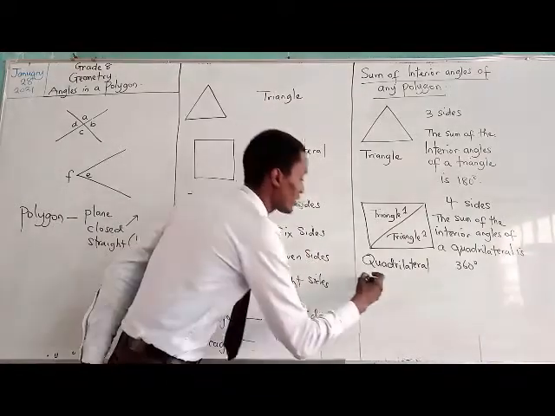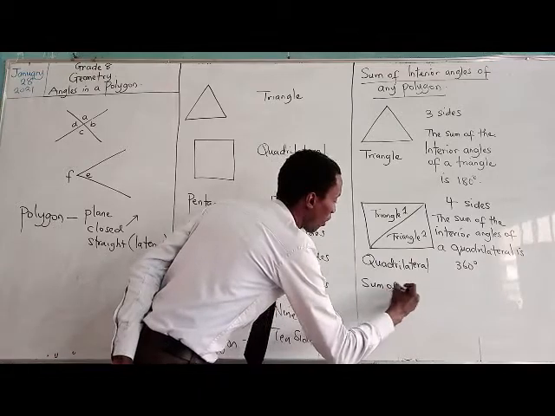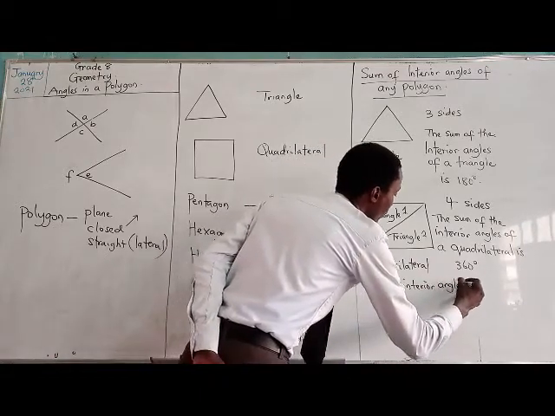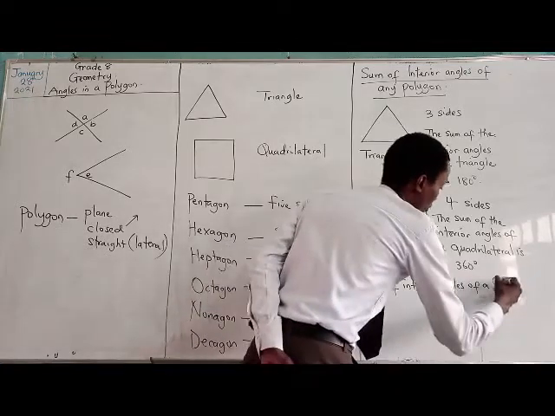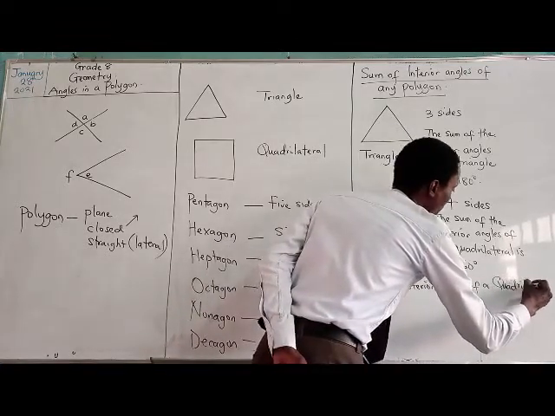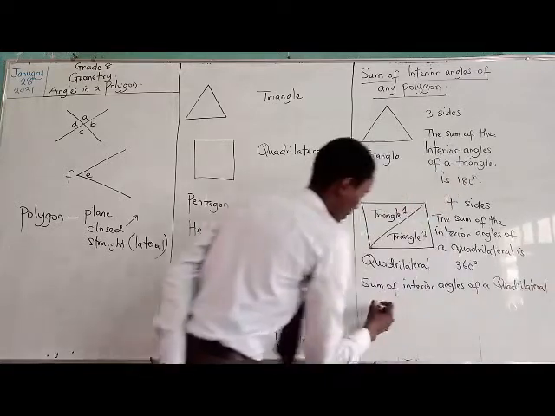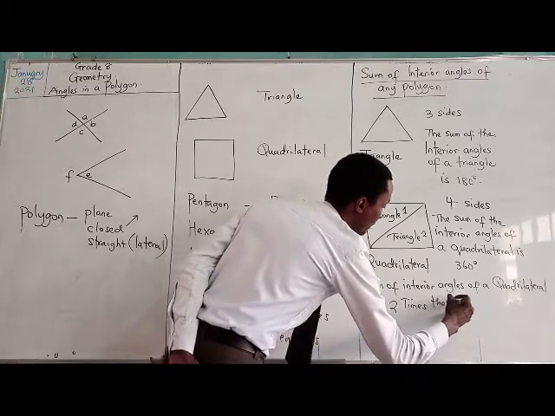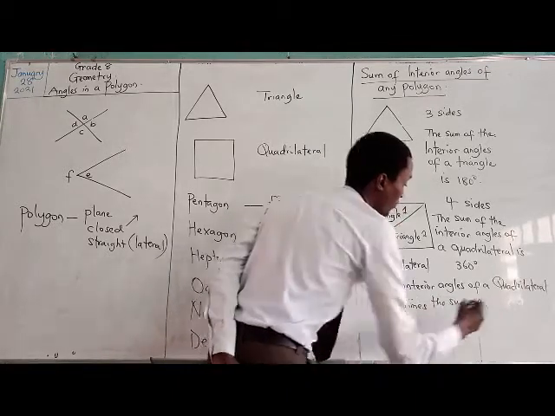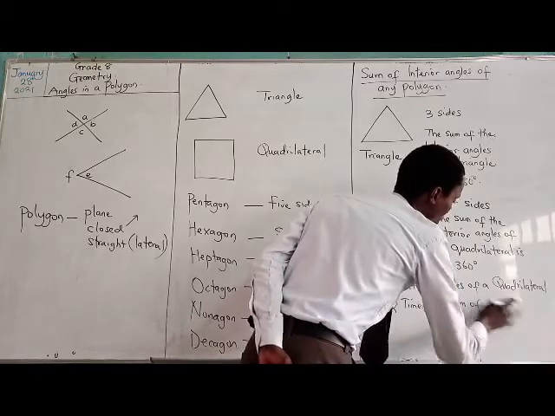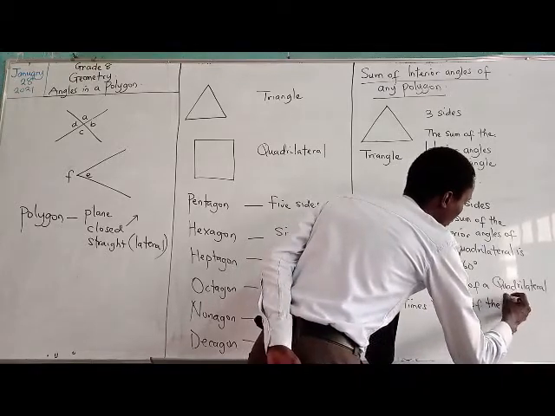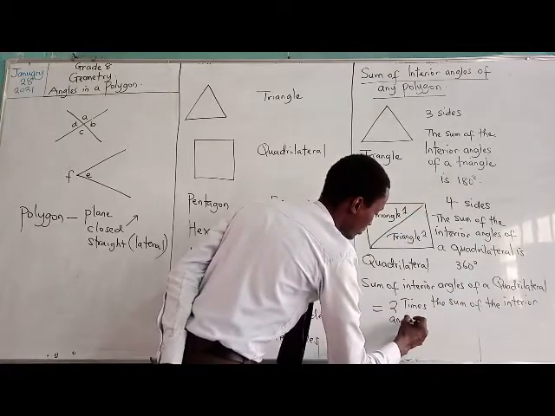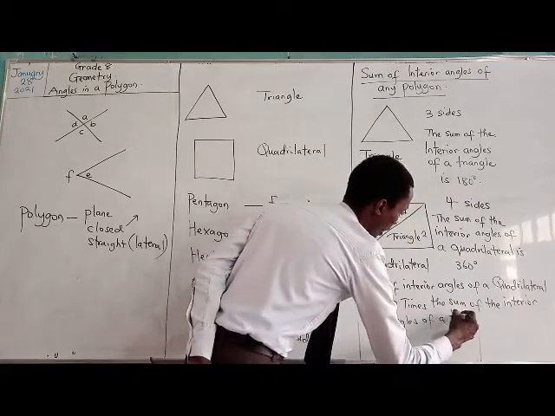So it means that the sum of interior angles of a quadrilateral is equal to 2 times the sum of the interior angles of a triangle.